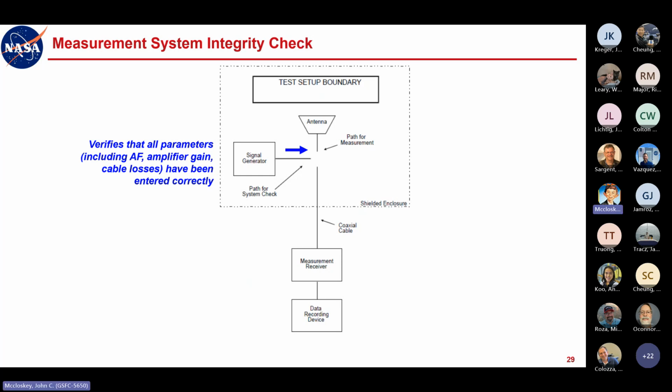Because it's happened more than once where somebody will question the validity of the measurements. And if we can point to the measurement system integrity check, saying, well, we did this just before taking the real measurements, and for this reason, we think we have some confidence in these measurements. It's a very important step. Don't leave it out.